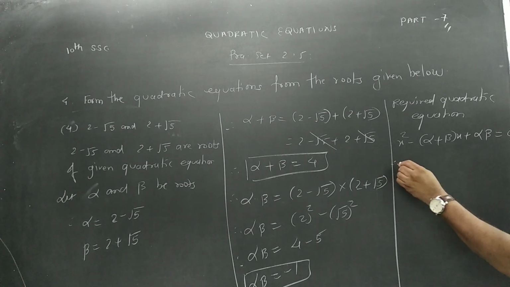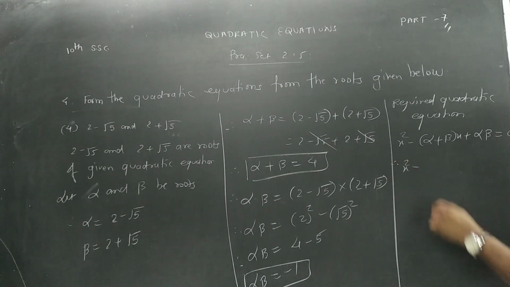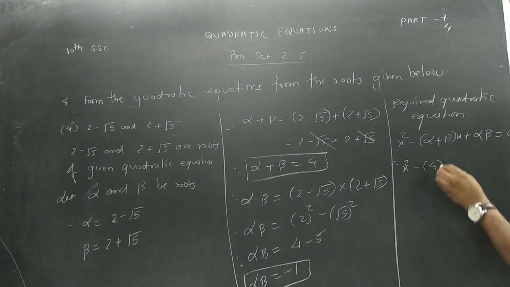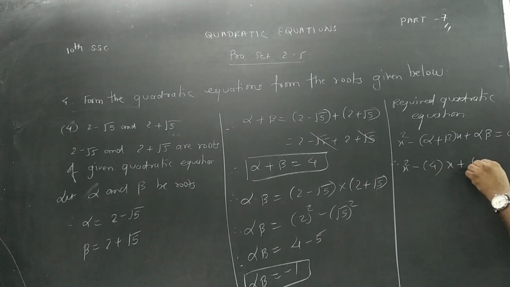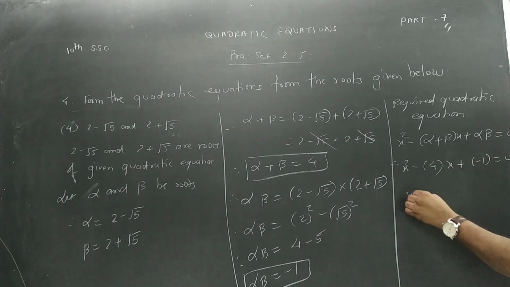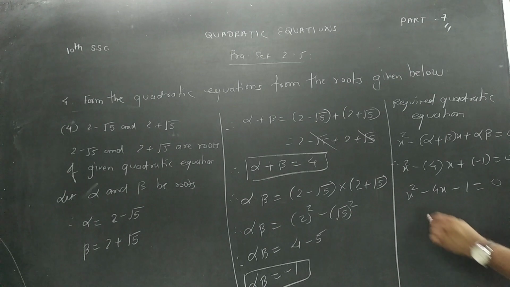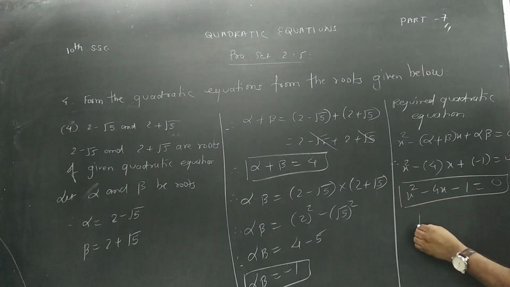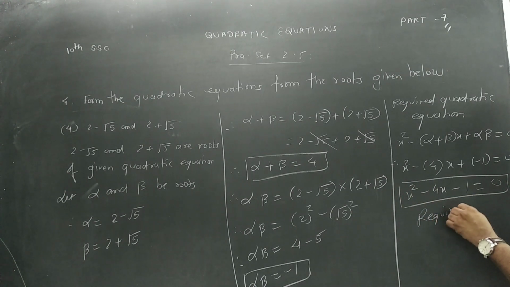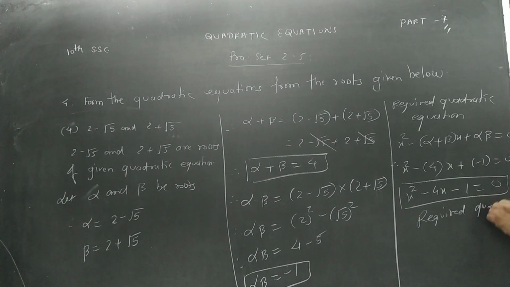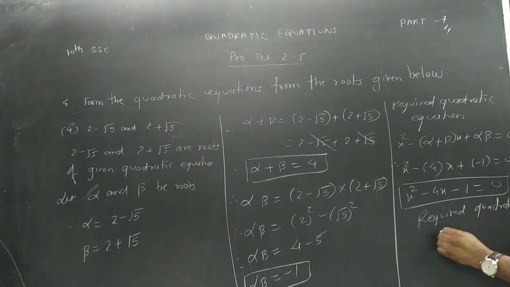So, x square minus (alpha plus beta), which is 4x, plus minus 1 is equal to 0. X square minus 4x minus 1 is equal to 0. So, this is actually the required quadratic equation.